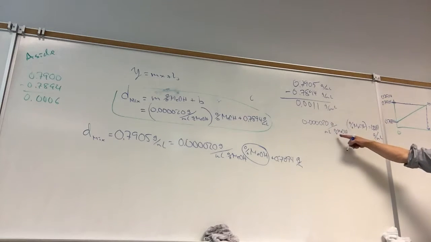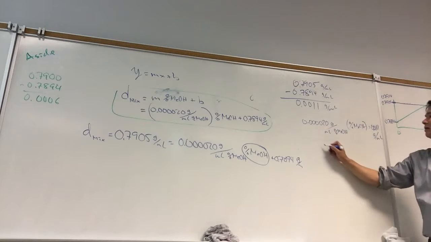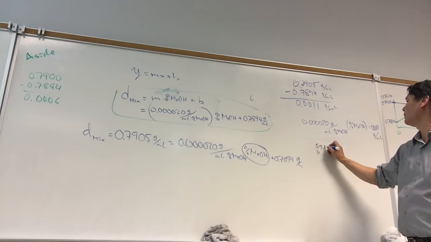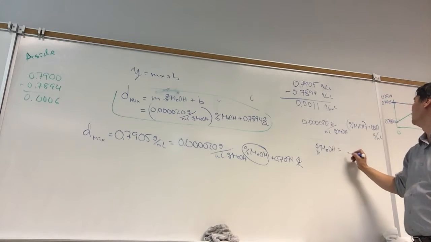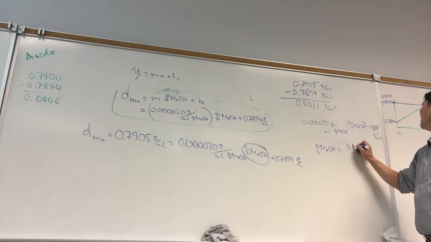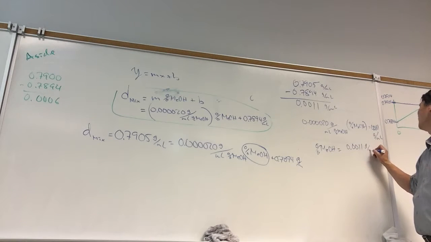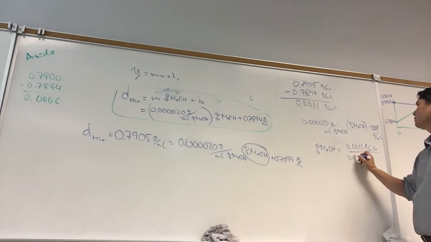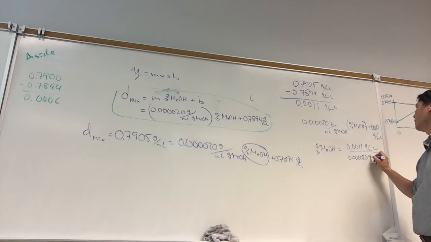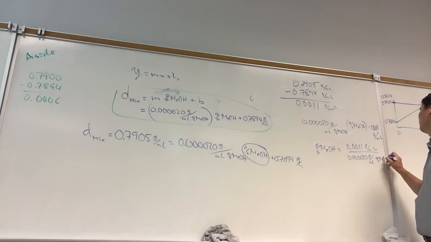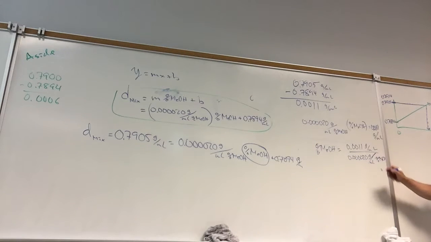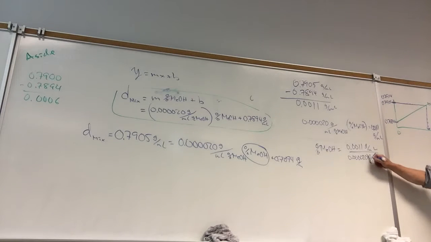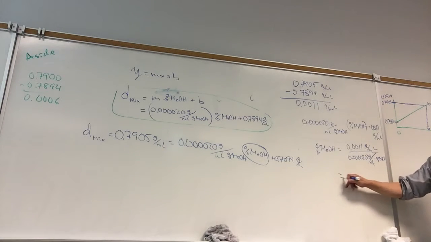Okay, now we divide both sides by this, and so we get the percent methanol is equal to 0.0011 grams per milliliter divided by 0.000020 grams per milliliter per percent methanol. This is under the sign here. So grams per milliliter cancels out. We invert this and flip it up, and so we get percent methanol.